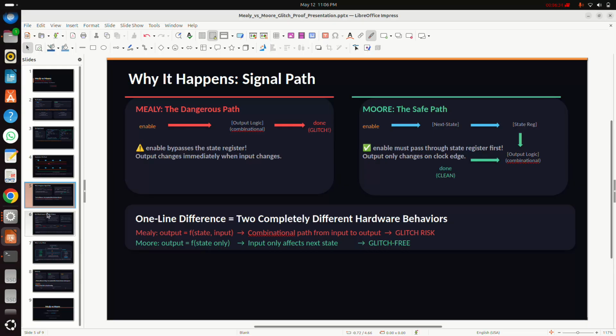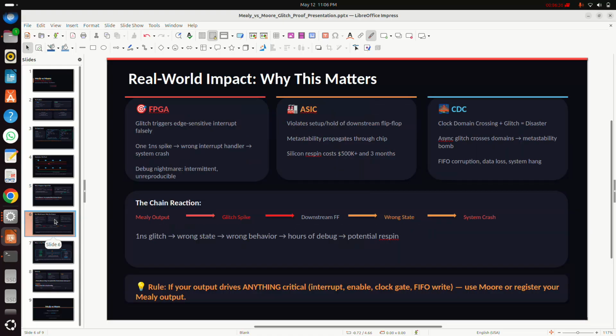Now the question arises: when do we use which, and what is the real-world impact, why does it matter for Mealy and Moore? It has an impact on FPGA, ASIC and CDC. In FPGA, only a 1 nanosecond spike can trigger an interrupt handler and the system can crash.